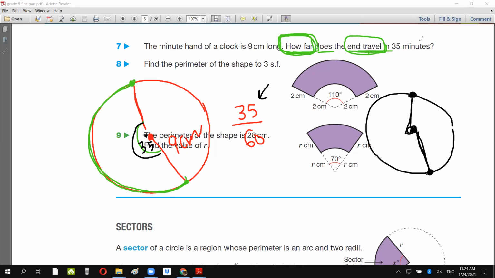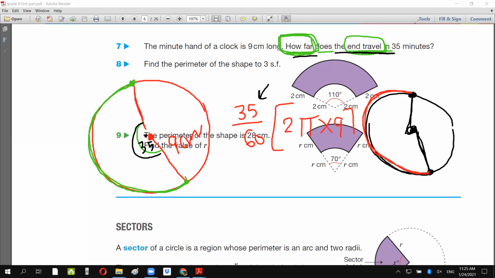It means the hand will be here. I want how far it travels to the end. From the end to the end. Let me change the color. From the end to the end means I want what? The length of the curve. Right? Yes. Okay. The length of the curve means 2 pi r.